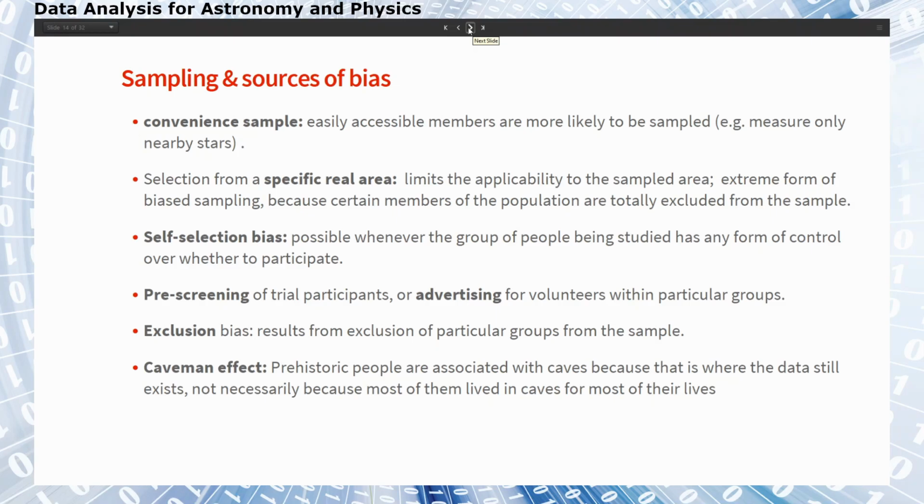Some of the biased sampling strategies are, for example, a convenience sample, which means we only choose those members of the population that we have easy access to. For example, only look at the most nearby stars, because these are the ones that I can study with a cheap telescope.